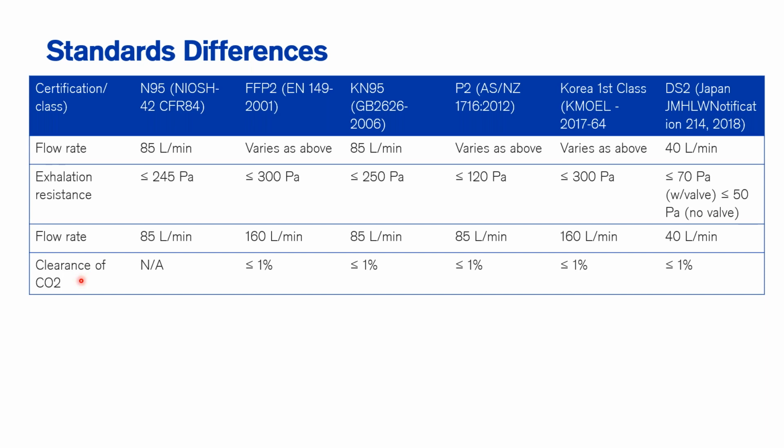So if the mask has a strong breathing resistance towards exhalation, there might be a buildup of carbon dioxide in the face mask itself that actually causes a lot of discomfort and increases the inside temperature of the mask. So this has to be one of the considerations that you might want to take into account in terms of comfort, at the end of the day, for all the employees.